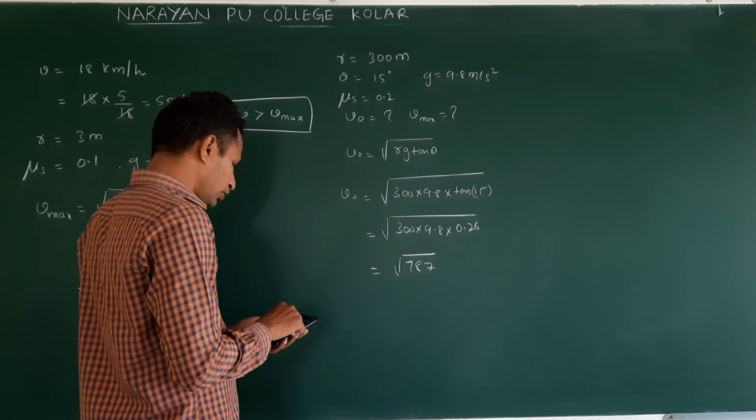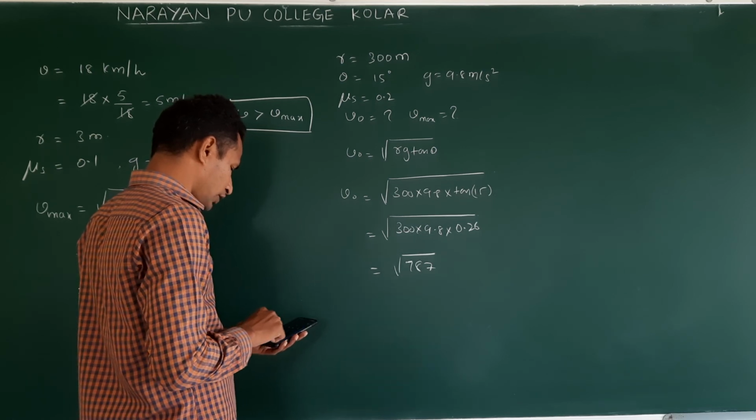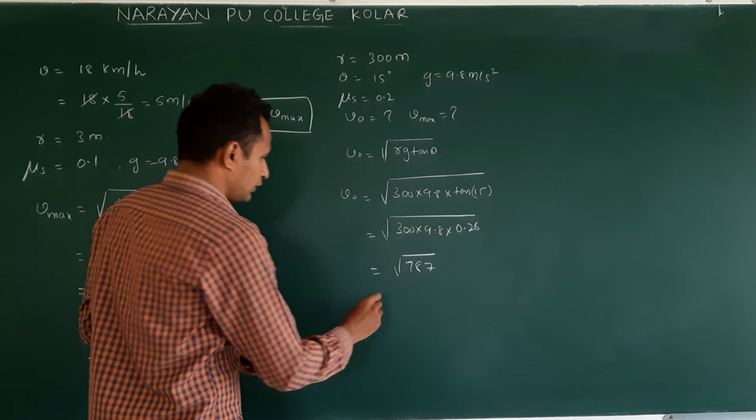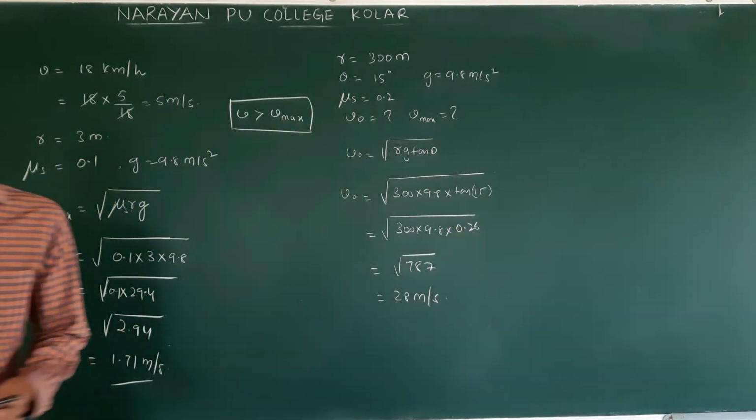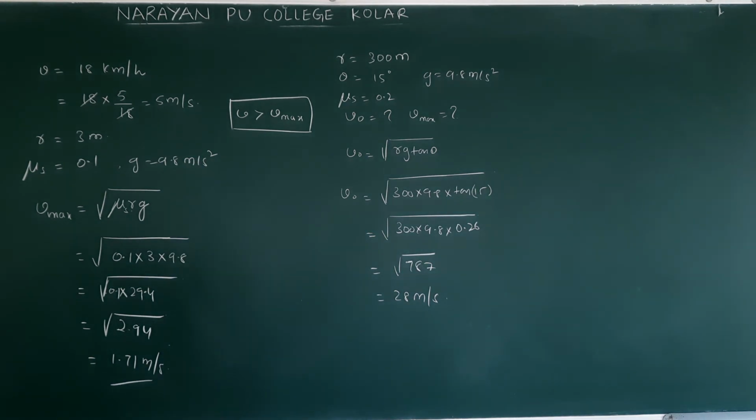So we need to find the root of 787. Root of 787 is 28 meters per second. This is the optimum speed. Yeah, we got 28, the book gives 28.1.